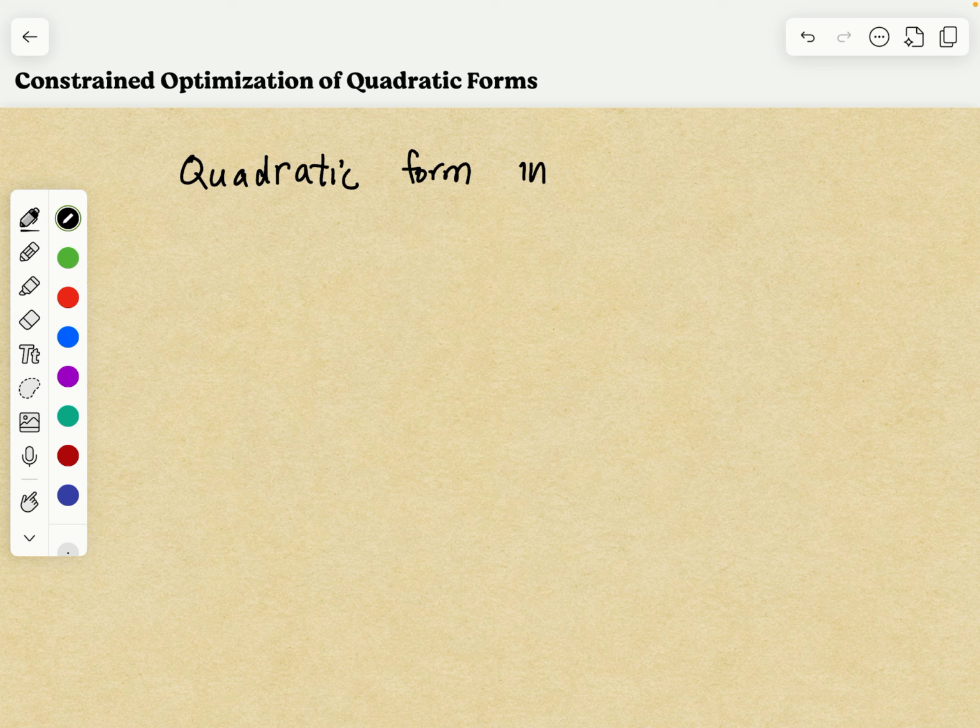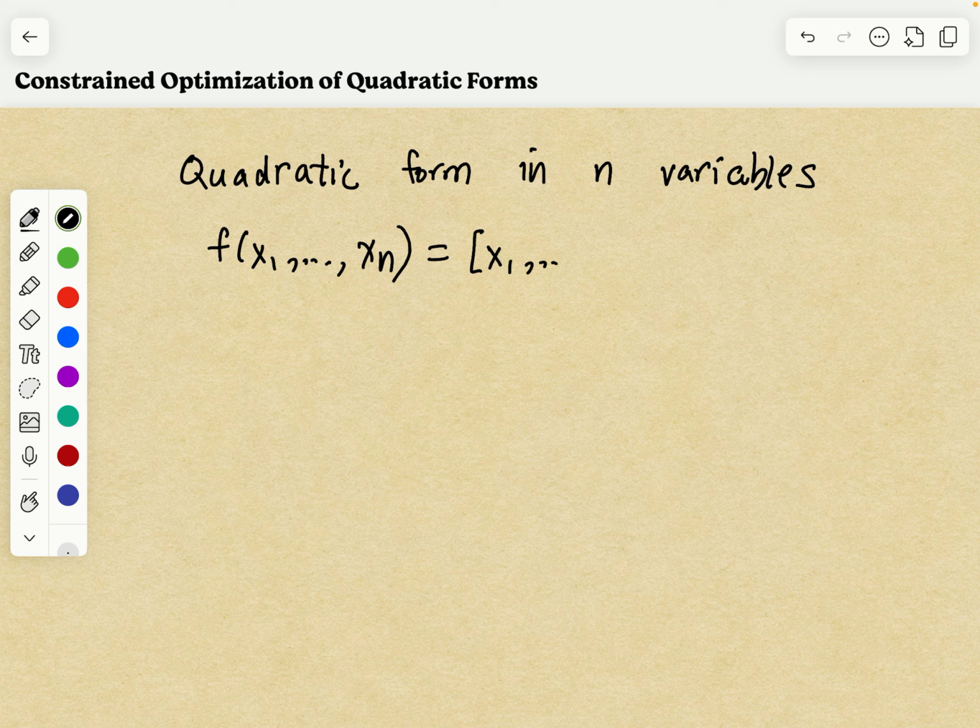A quadratic form in n variables is a function or an expression of n variables x1 through xn, which is given by taking the vector x1 through xn as a row and then multiplying it by a symmetric matrix A times this column vector x1 through xn.